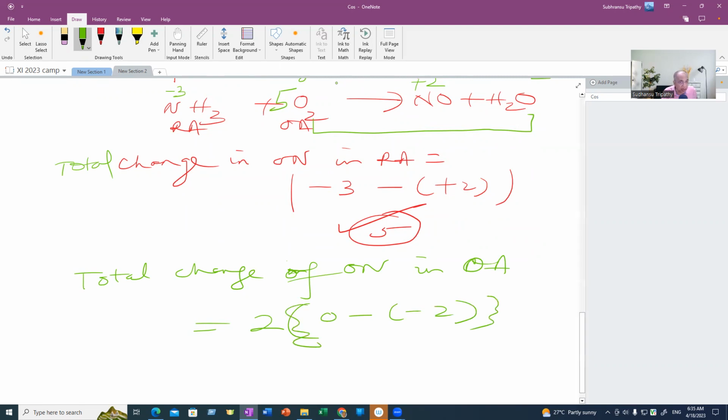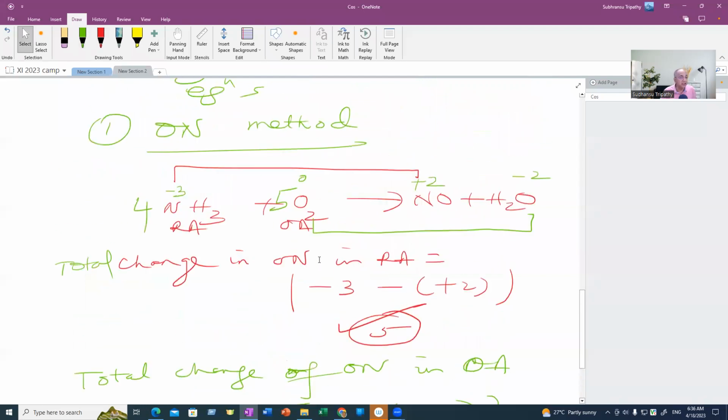So for 1 oxygen atom, the change is 2. And for 2 oxygen atoms in the molecule, don't see this one. This coefficient is for the reducing agent. But look at the molecular formula, O2. So for 2 oxygen, you multiply by 2. So the total change is 4. So that 4 is to be multiplied with the reducing agent.